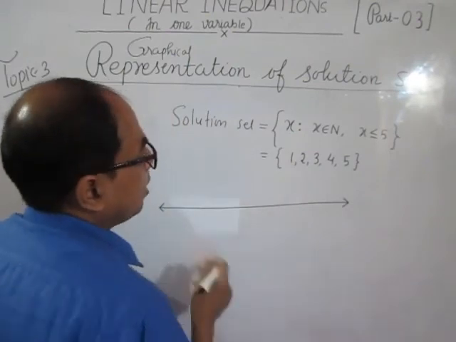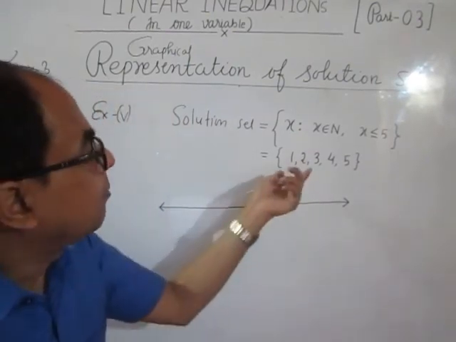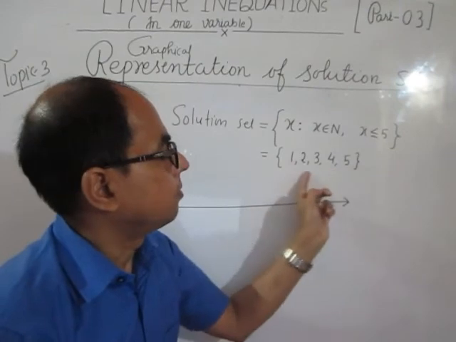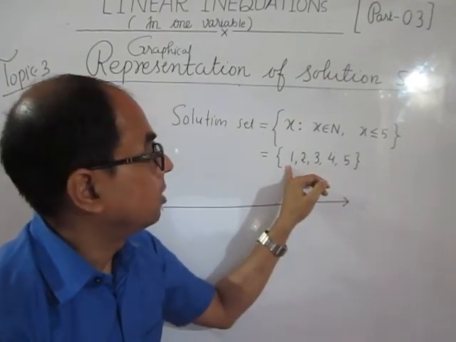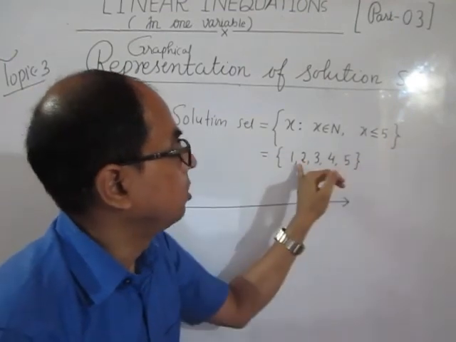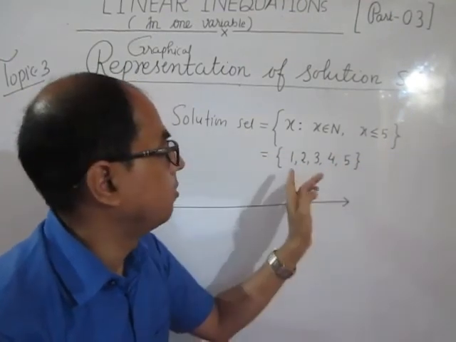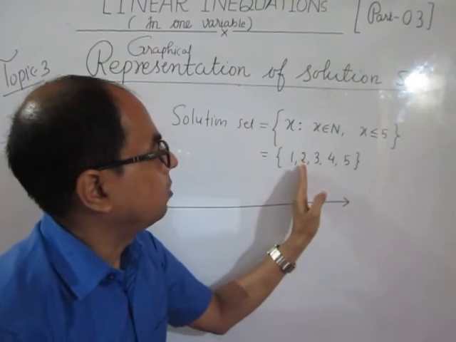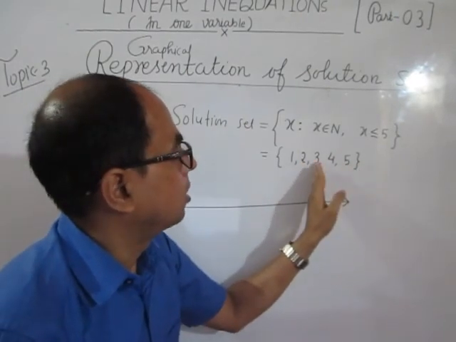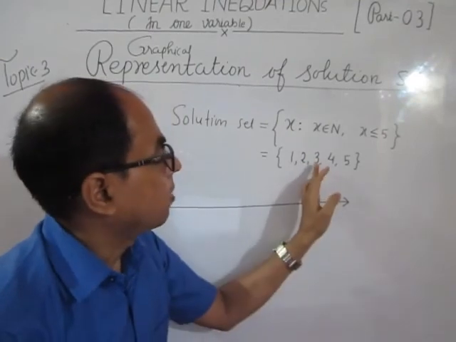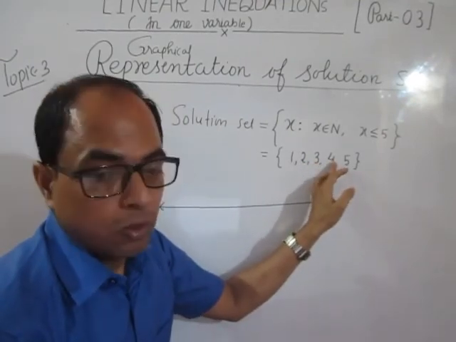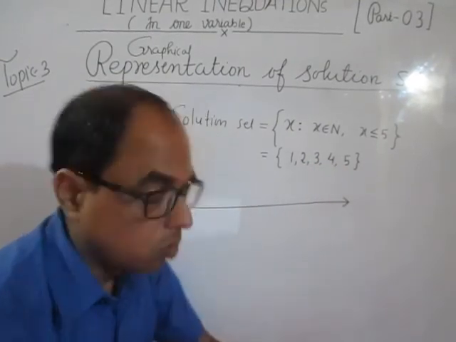Now this time we have particular values of the variable. That means one value is 1, then directly the next value is 2. There are no values between 1 and 2. Then after 2 directly we have another solution, 3. Between 2 and 3 there is no solution. Now after 3 directly we have solution 4. Between 3 and 4 there is no solution.